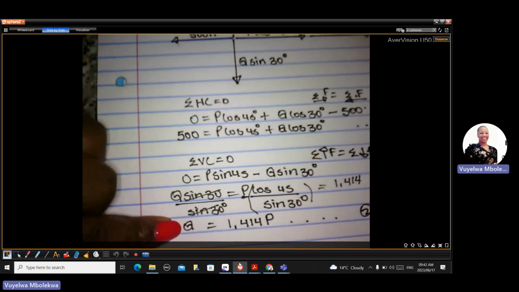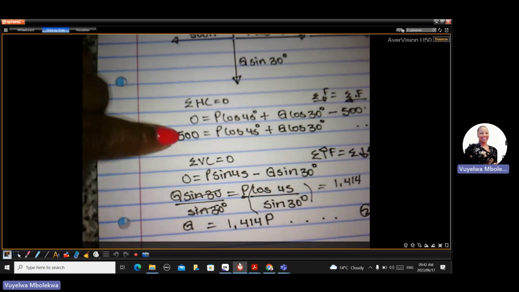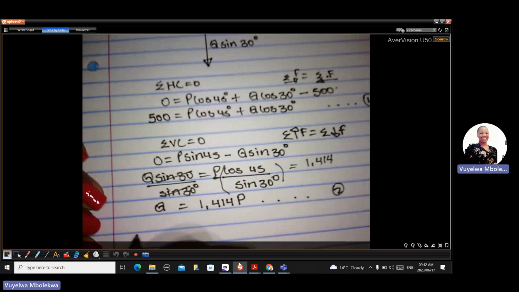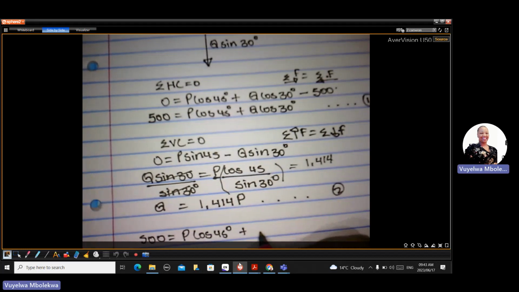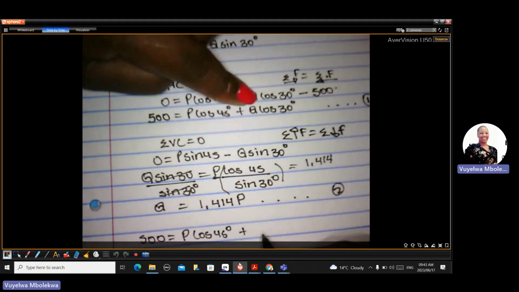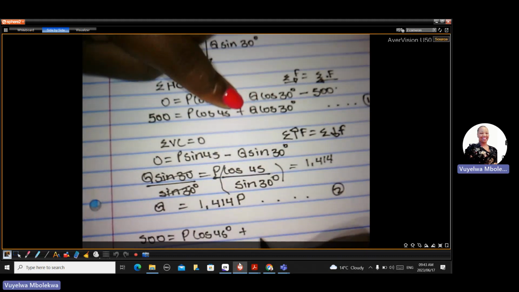Then next thing we're going to do, we're going to substitute equation 2 into equation 1. So equation 1 says 500 equals P cos 45 plus Q cos 30.